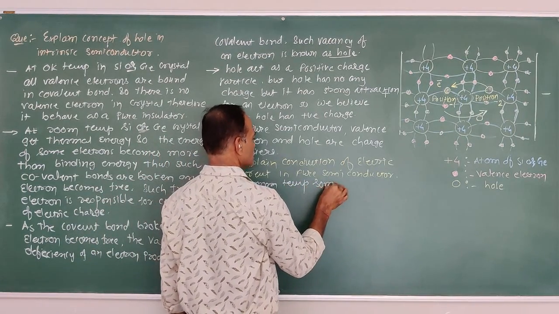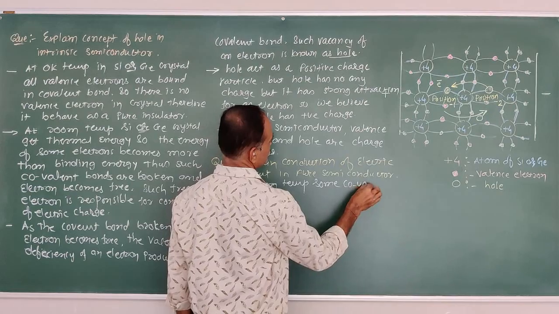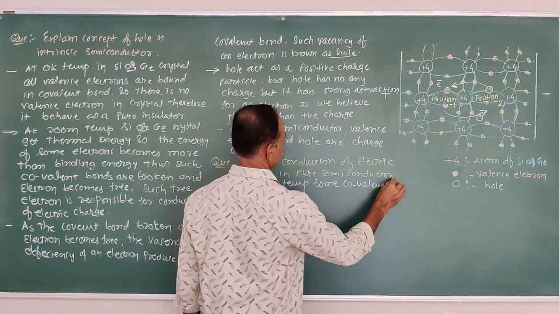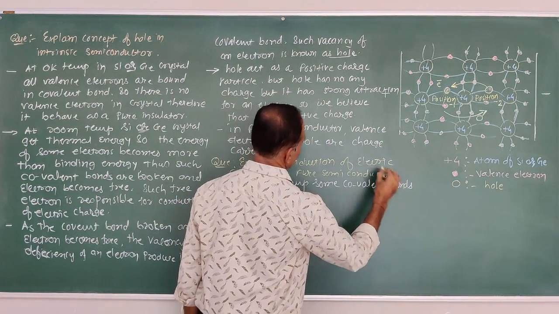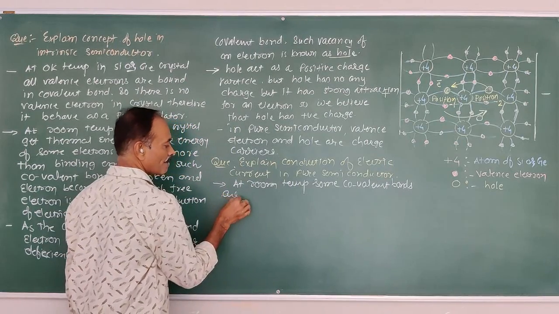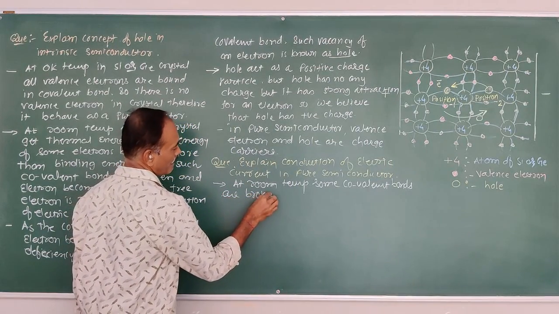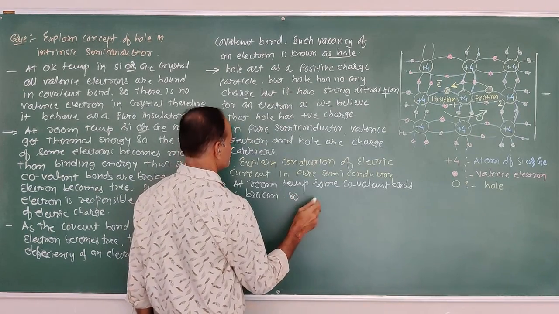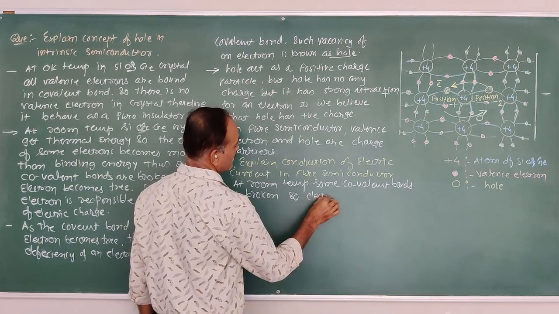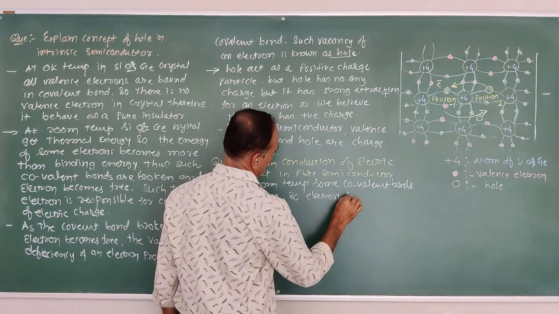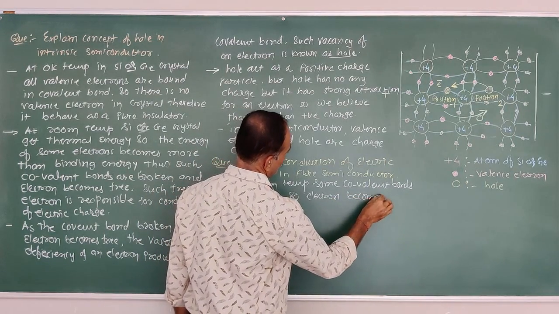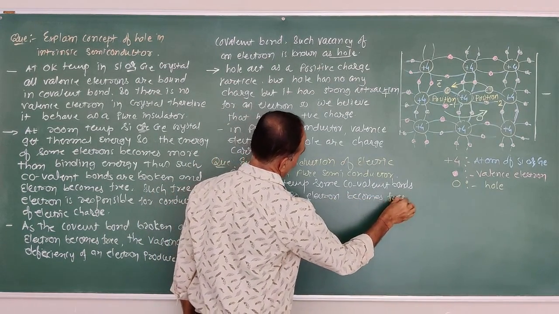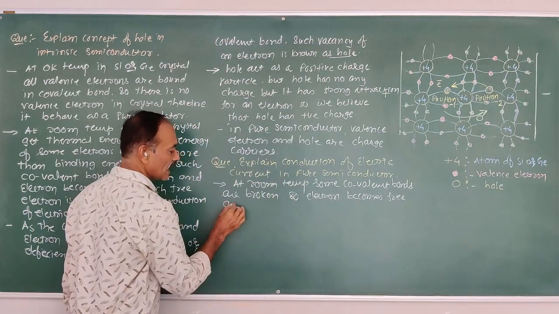So we can write it this way. At room temperature, some covalent bonds are broken, so the electron becomes free and holes are formed.